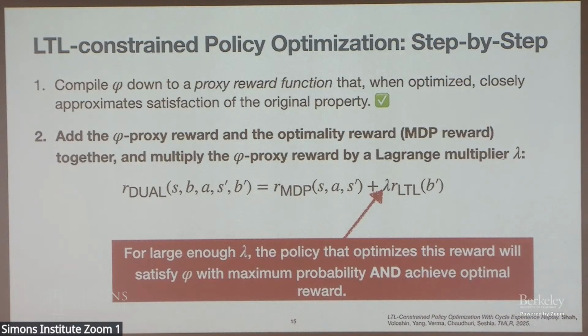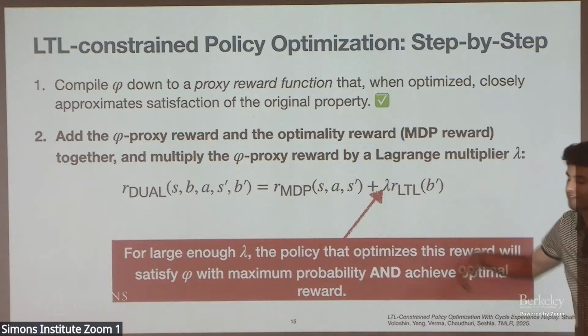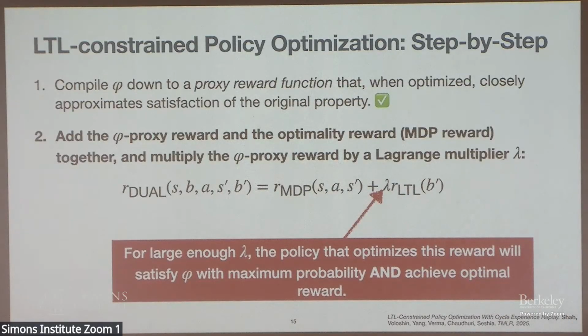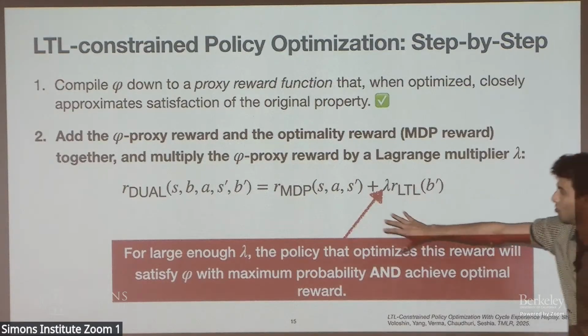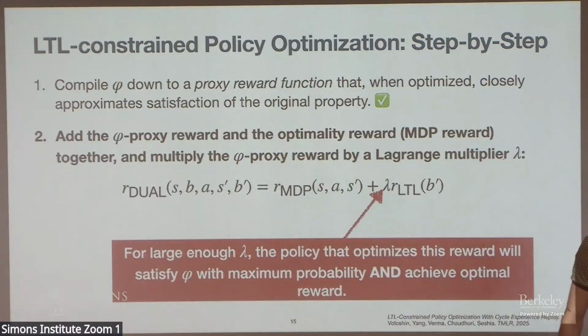I'll briefly go over the intuition, which I'm not going to cover much for the rest of this talk, but I'm happy to discuss it offline. The intuition is that I care about getting the highest possible value of this reward function. In order to be probability optimal, I must maximize this. So if this multiplier lambda is high enough, any way I can bump this up, I will prefer over any amount of additional reward I can get.